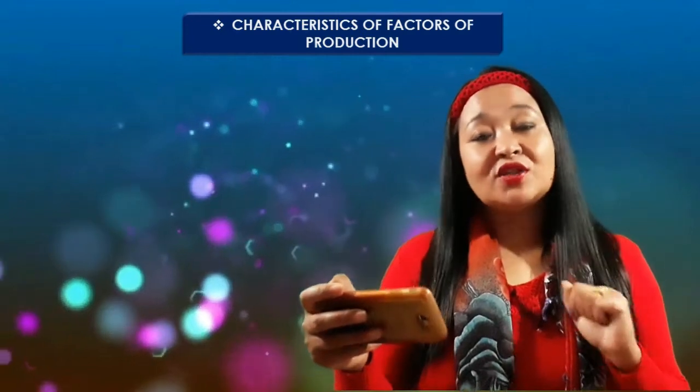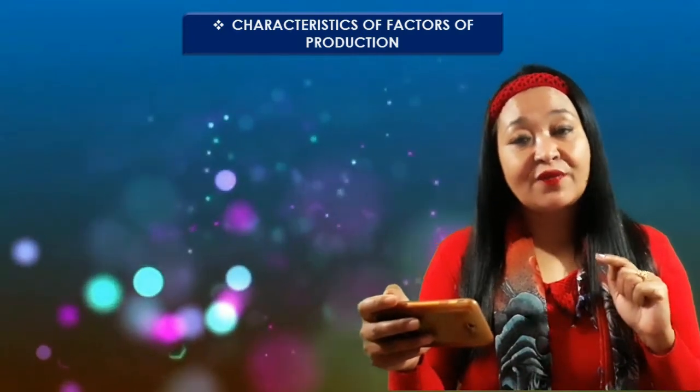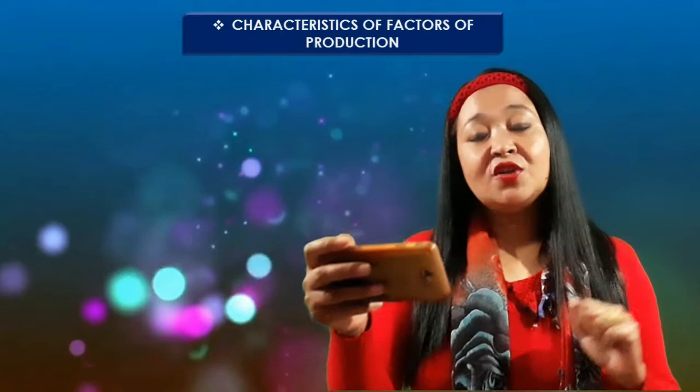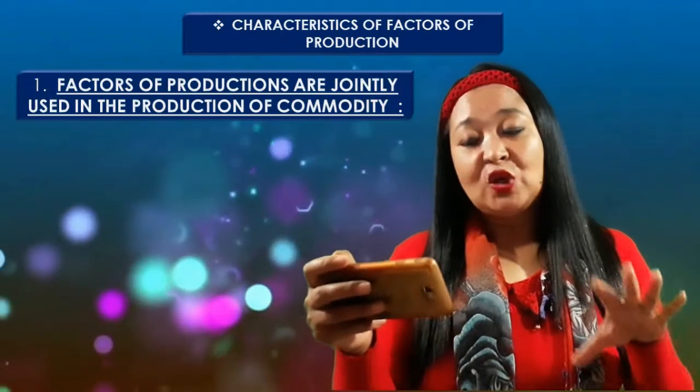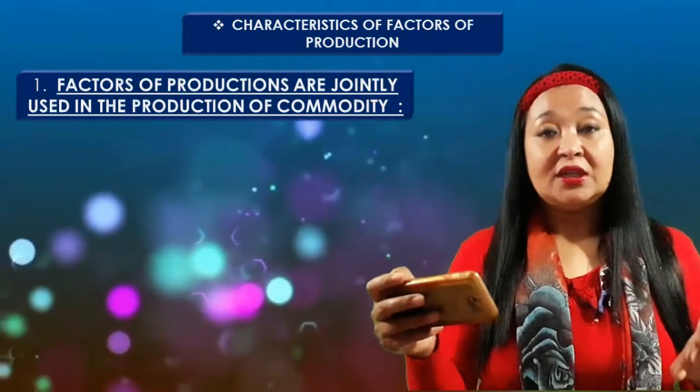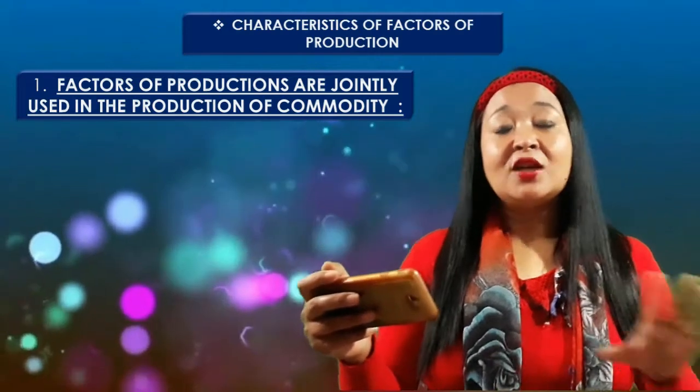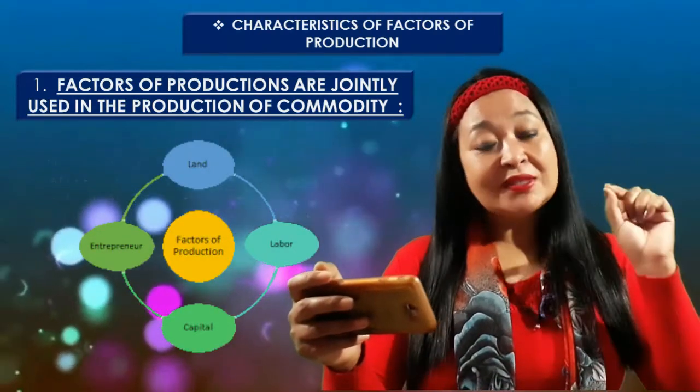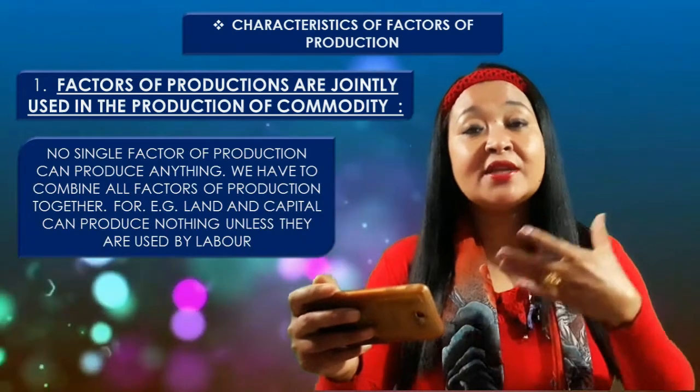All right, the first characteristic of the factors of production is that the factors of production are jointly used in the production of a commodity. Now, what does this mean? It means that no single factor of production can produce anything.